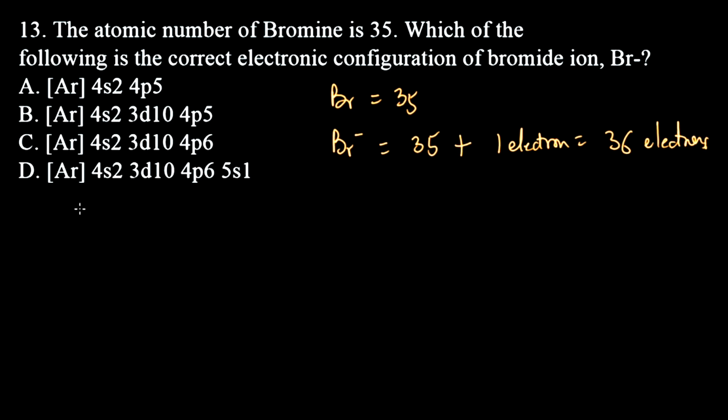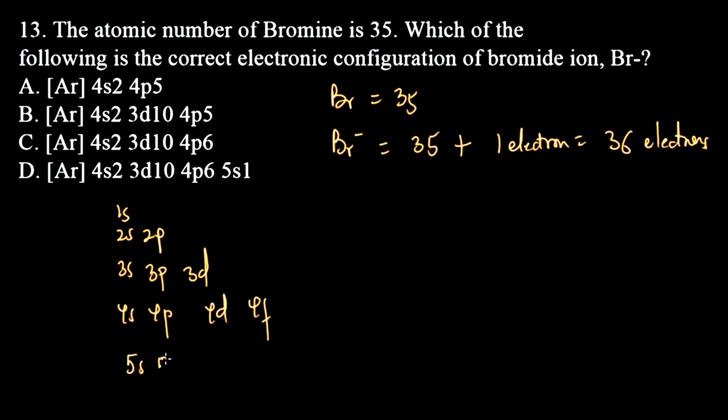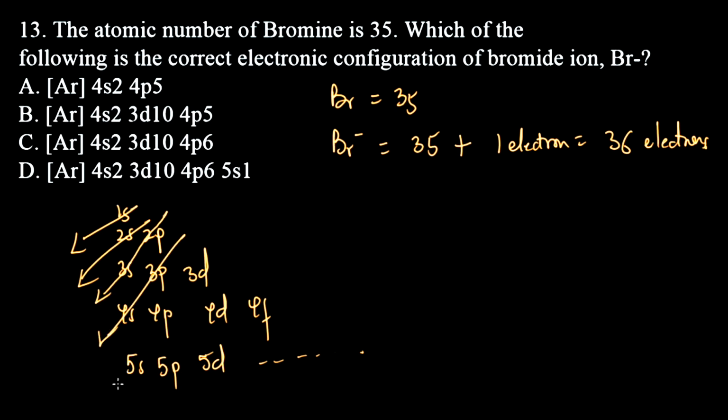So we have 1s, 2s, 2p, right? 3s, 3p, 3d. We also have 4s, 4p, 4d, 4f, and we have 5s, 5p, 5d, and so on like that.